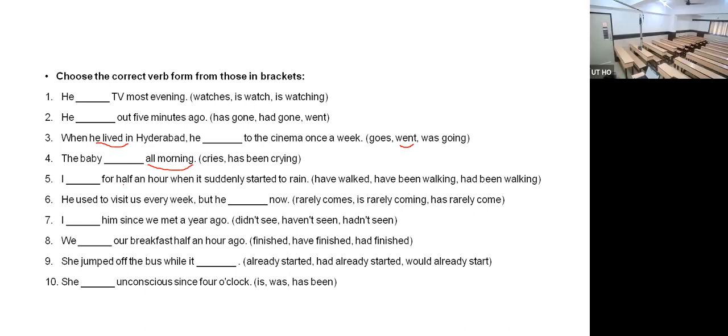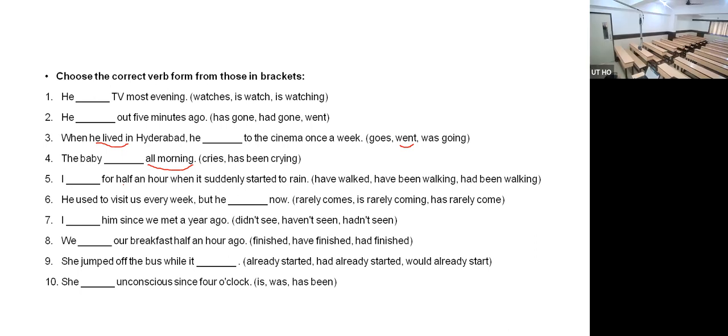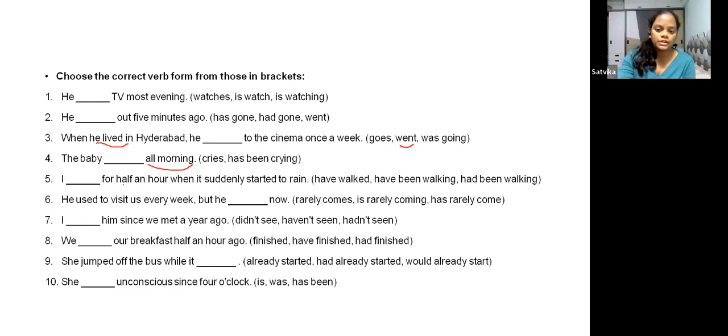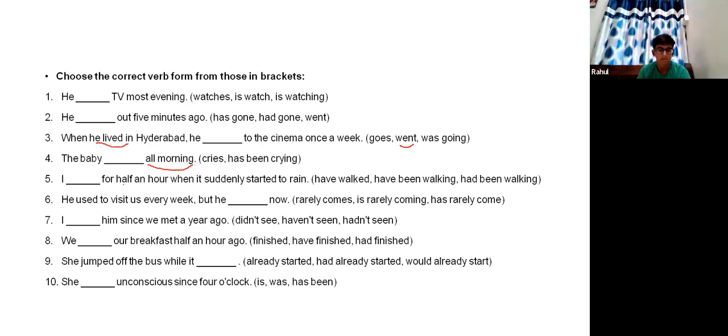So something that was already completed. Number 9, quick. She jumped up the bus while it had already started. Had already started. She dash unconscious since 4 o'clock. Has been.